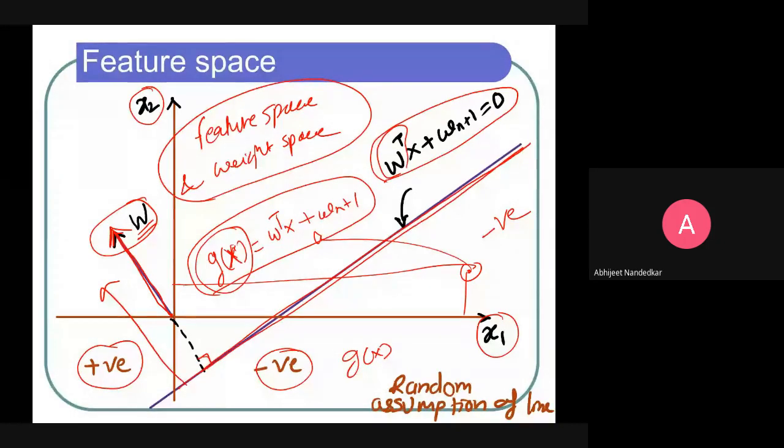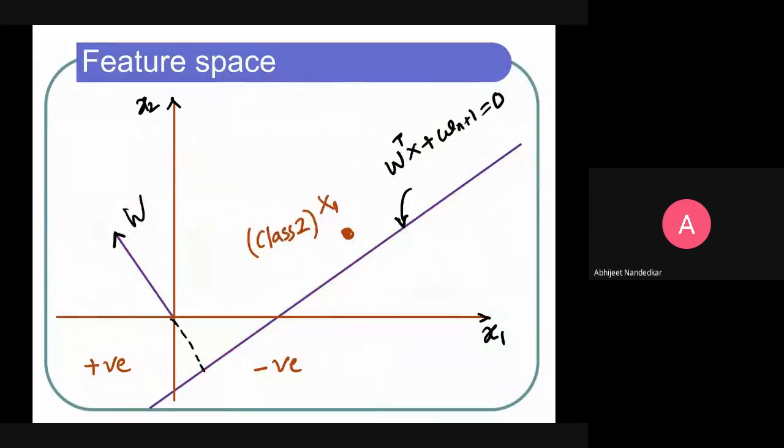So when a sample is given to you, say like this, suppose this is the first training sample, and you have randomly assumed weights for a perceptron like this. Then you have drawn a line like this. So this is your first input.